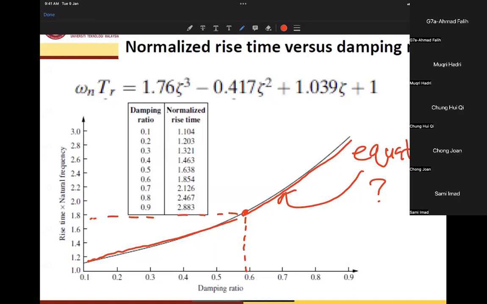Chong Joan, what is the equation for this line? No idea. Okay, Chong Hoi Ki, what is the equation for this line? Is Chong sleeping? Oh, he is fasting, so he is sleeping. Patrick, what is the equation for this line?